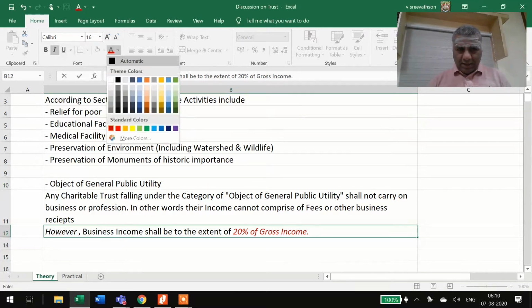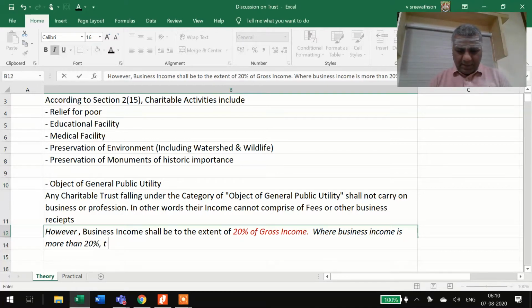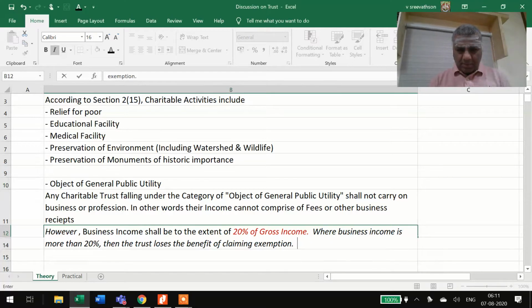Where business income is more than 20%, the trust loses the benefit of claiming exemption. Say my gross receipts come to 1 crore. Of that, 20 lakhs can be business income.